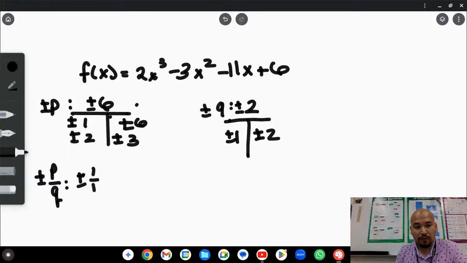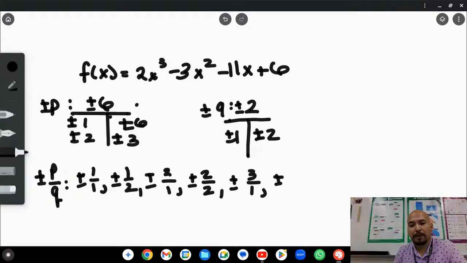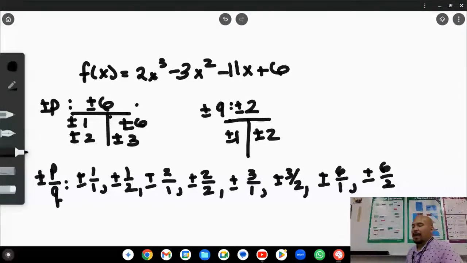So 1 over 1, plus or minus 1 over 2, plus or minus 2 over 1, plus or minus 2 over 2, positive negative 3 over 1, positive negative 3 halves, positive negative 6 over 1, and positive negative 6 over 2. This is a particular example that I'm giving you because you need to be aware that some of these repeat, in case you didn't know.